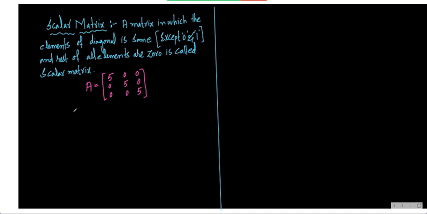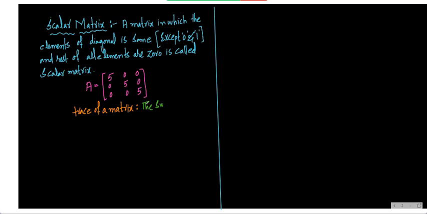Now moving to the next definition. Trace of a matrix. What is the definition? As an example, you have taken 5 and 0.